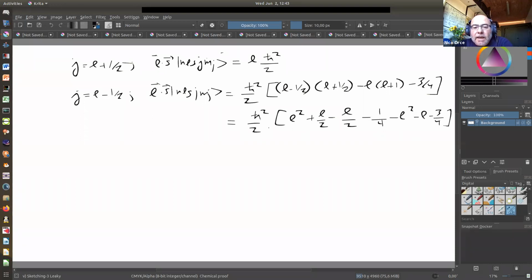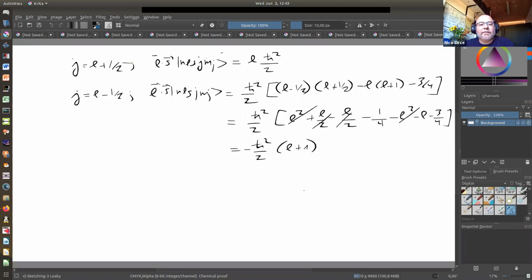So then this will be h bar square over 2. Again, l square cancels with this l square, this cancels with this. So minus 1/4 minus 3/4 is minus 1, minus l. So that will be minus (l plus 1), right?